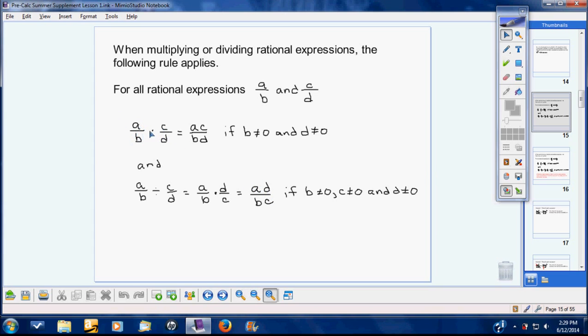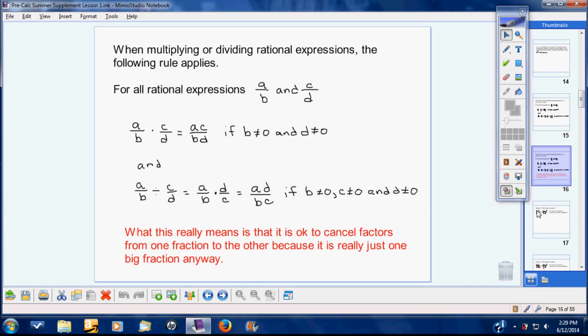In other words, cancel from either one of the two fractions that's multiplied. And I know we haven't had any concrete examples yet, but we will get to that. What this means is it's okay to cancel factors from one fraction to the other because it's really just one big fraction anyway.